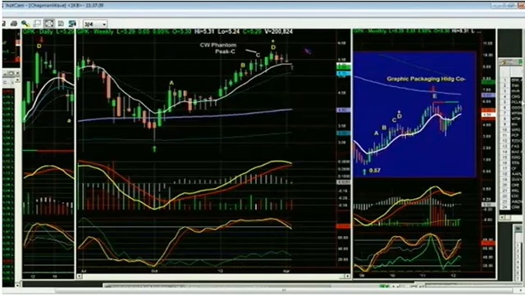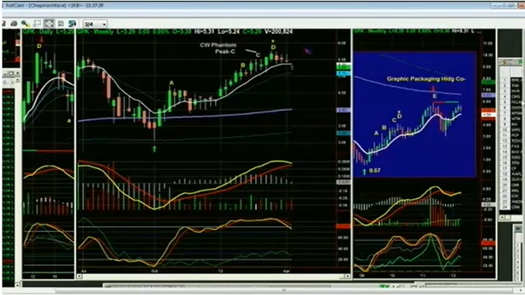If it closes this week underneath the 9-period exponential moving average, and the fast moving average, the yellow line of the MACD, breaks underneath the slow moving average, that'll be a heads up to say, be careful because it could be pulling back.